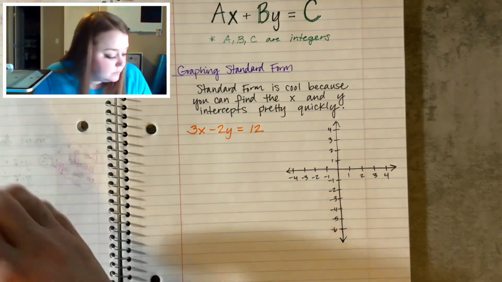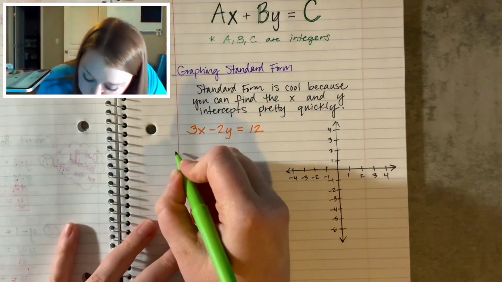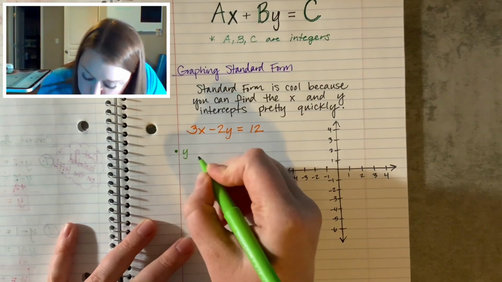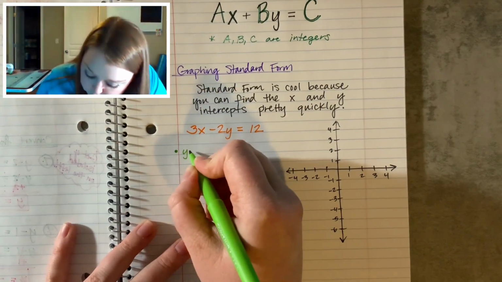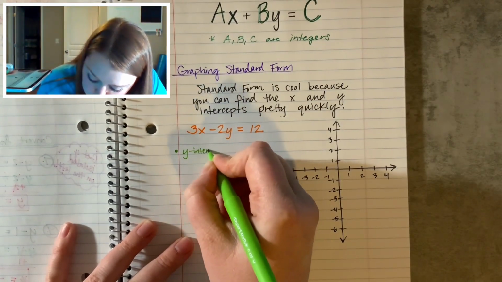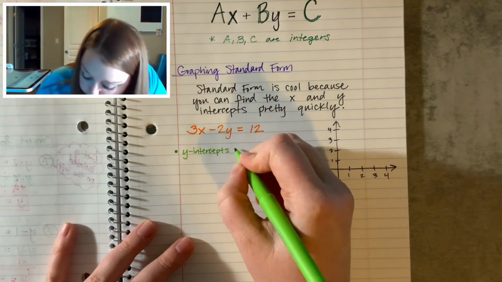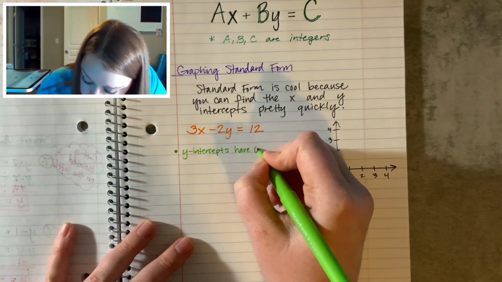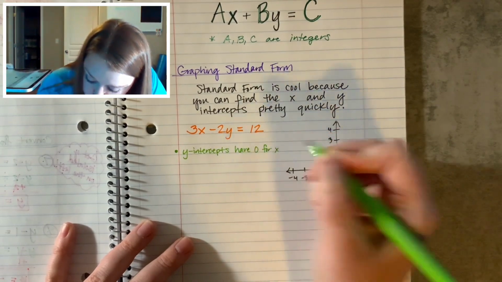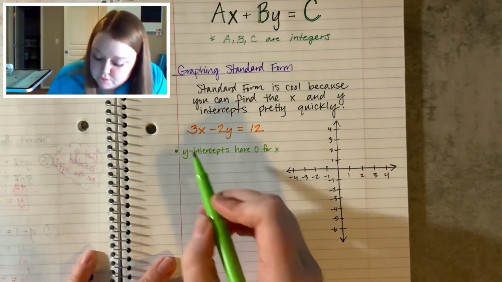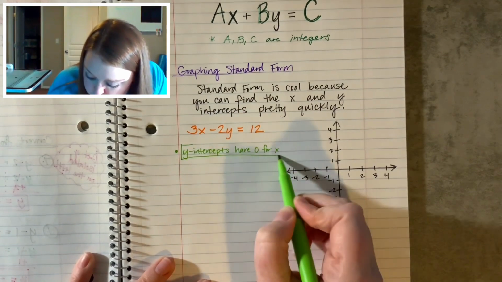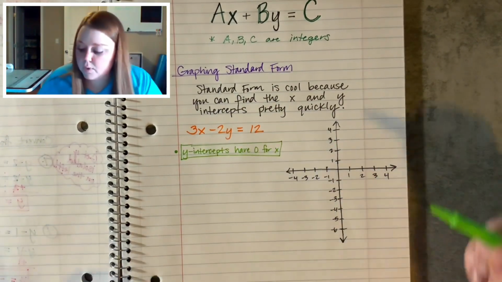Something we really have to make sure you understand: I want you to write this statement. Y-intercepts have 0 for x. What I mean is, all of your y-intercepts fall on the y-axis.